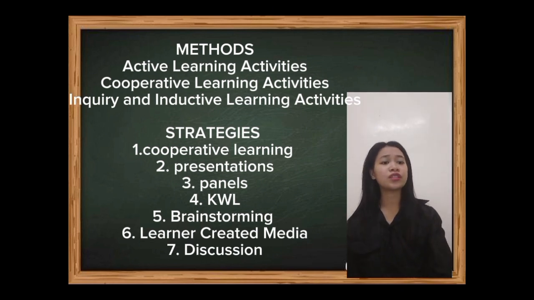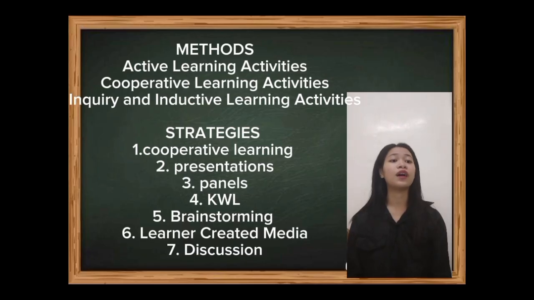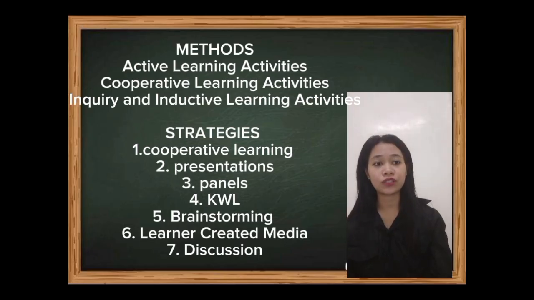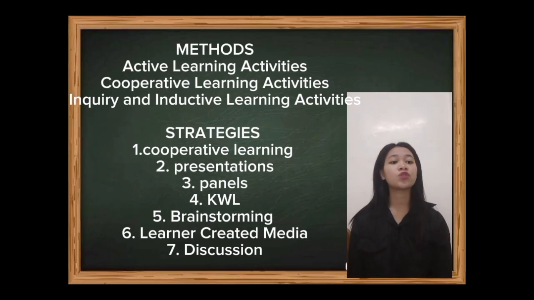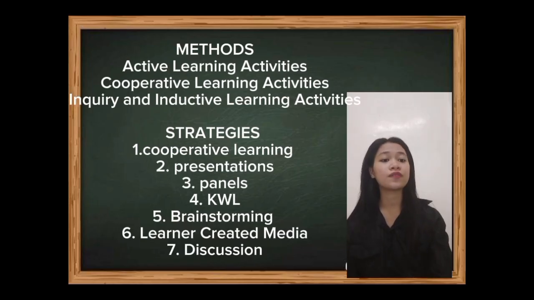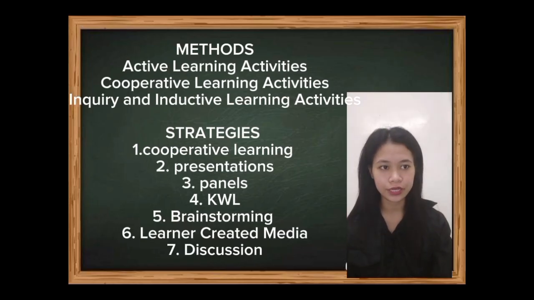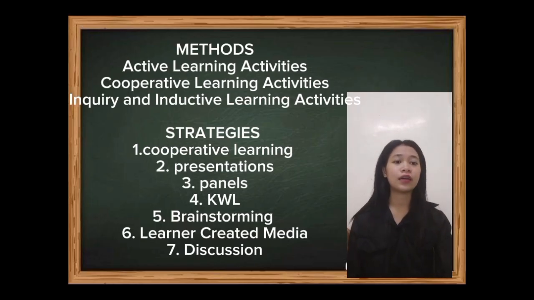This information is recorded in the K column of a KWL chart, and KWL charts are graphic organizers that help students organize information before, during, and after a unit or a lesson. They can be used to engage students with a new topic, activate prior knowledge, share unit objectives, and monitor students' learning. So that is KWL.